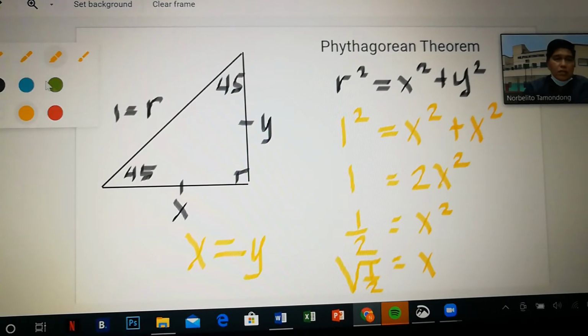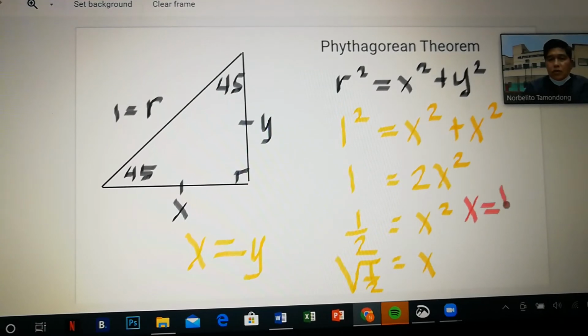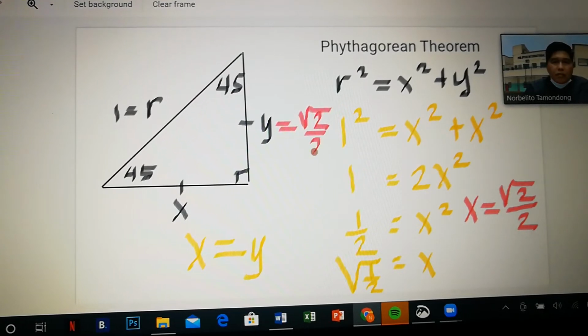Let's use a different color. x is equal to square root of 2 over 2. Okay, so if this is equal to 1, this is equal to square root of 2 over 2, y. So therefore, x is also square root of 2 over 2.